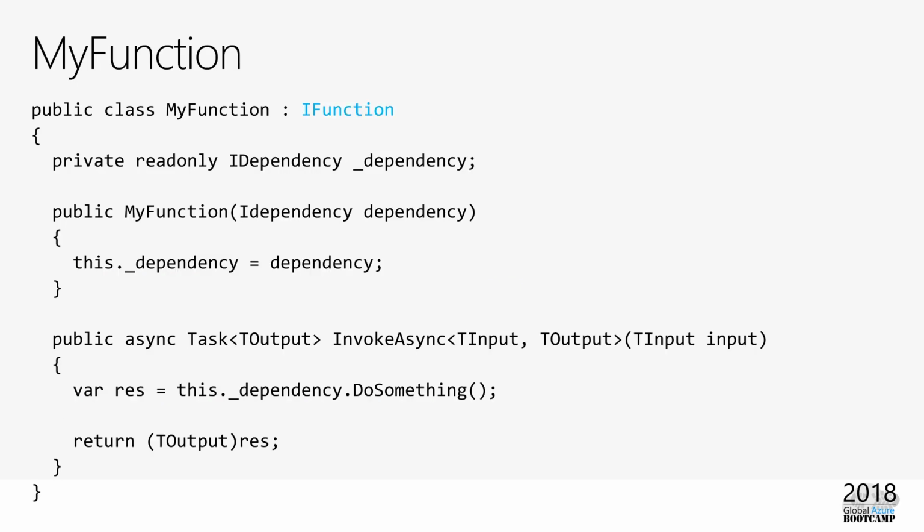Within the function, I can directly use all my dependencies through the constructor, and we can run the function through the invoke method and do whatever we want. This is how the dependencies are managed in a normal way.